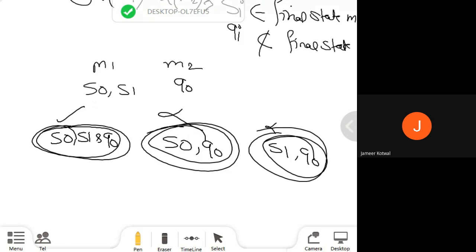So the machine says that if the states belong to a final state, we are going to make that state a final state in the intersection. In the intersection, S0 belongs to a final state and Q0 also belongs to a final state. So I am going to make that state a final state. Simple. Is that clear? Right?